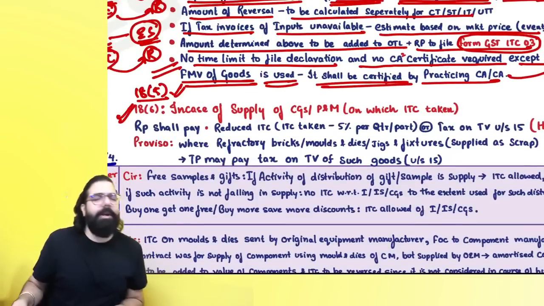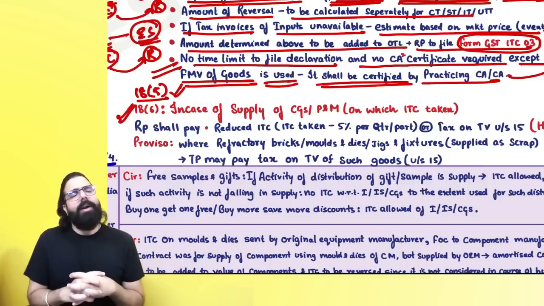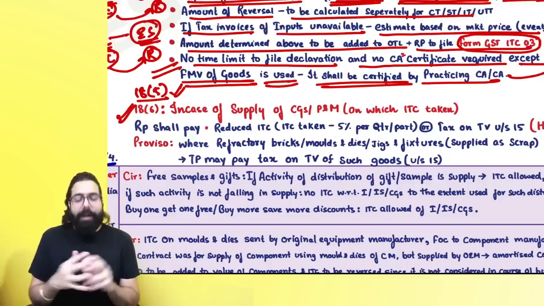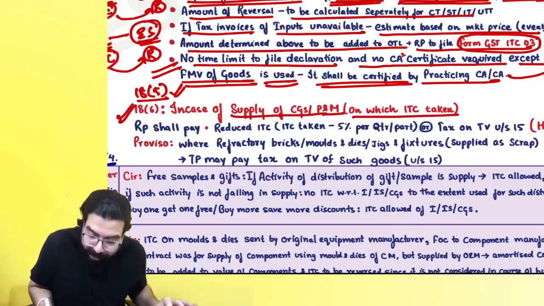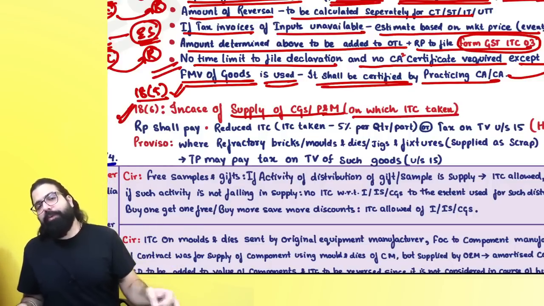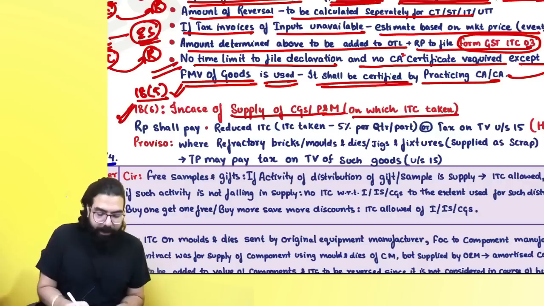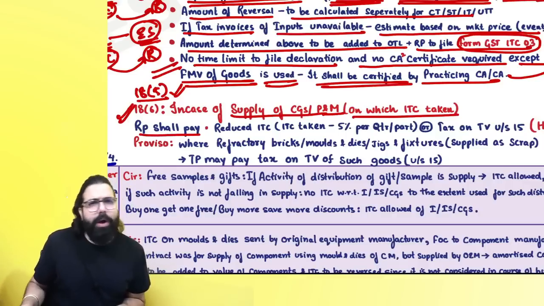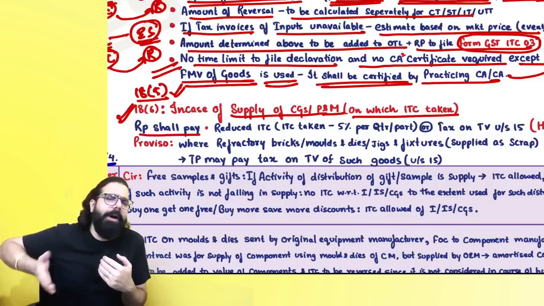Then we have section 18.6, which is important, everyone. It says that if you have supplied capital goods and plant and machinery on which ITC has been taken, then the registered person shall be allowed to take the input tax credit you had taken minus 5% per quarter or part thereof.